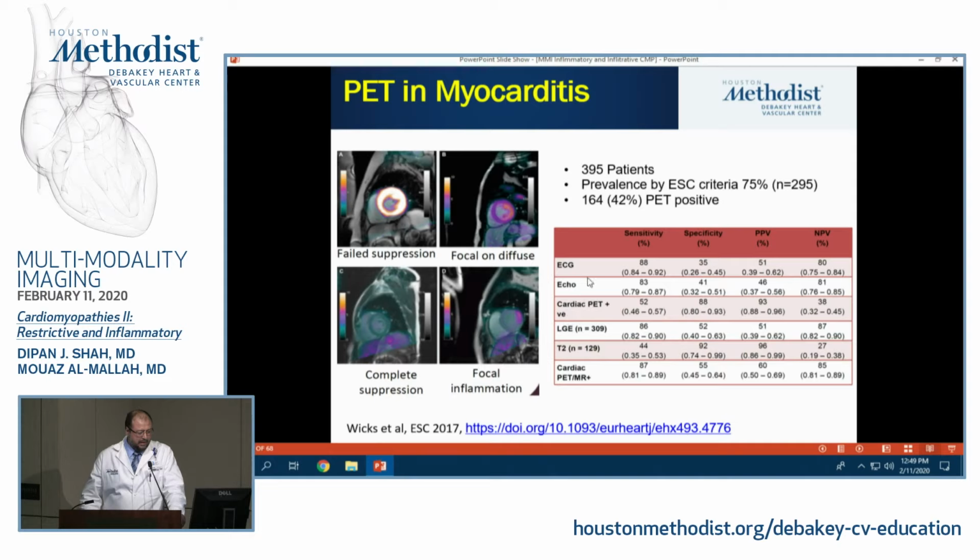They're reporting that the PET sensitivity was 52%, but specificity 88%. Now we're still waiting for the paper to see the full details, this is data just from the abstract, and we need to know more about what type of myocarditis. Are these just viral, or some of it is connective tissue disease related, or others?